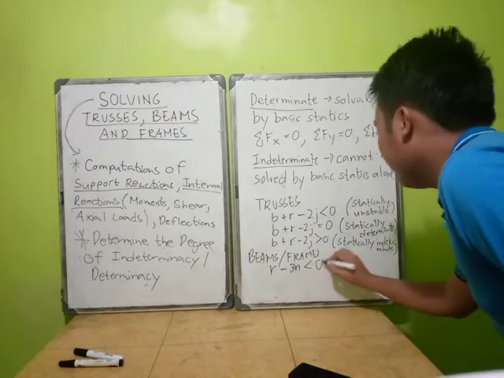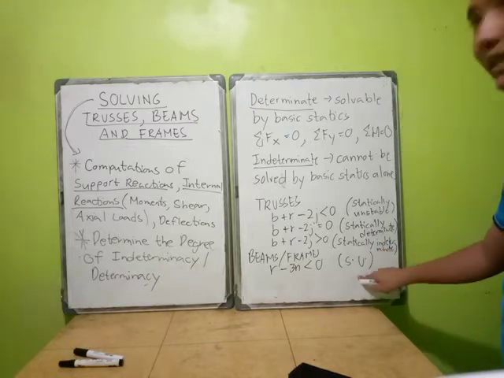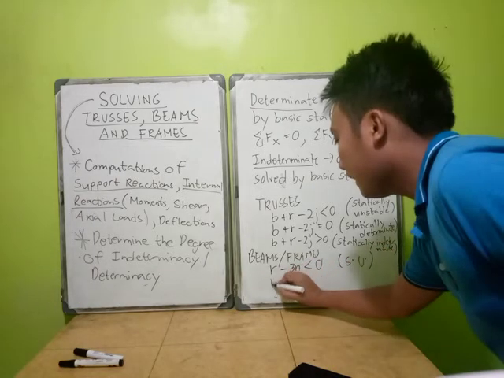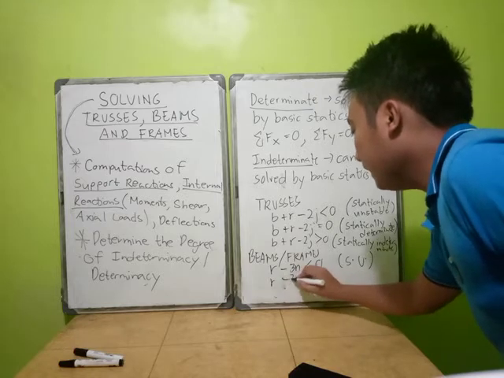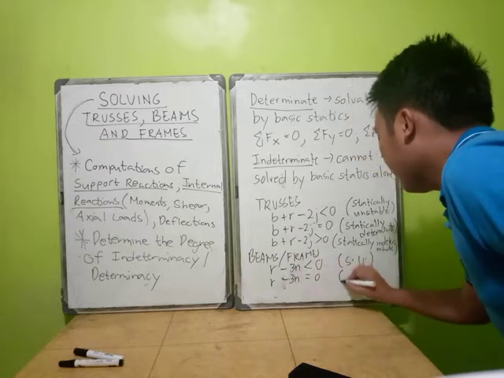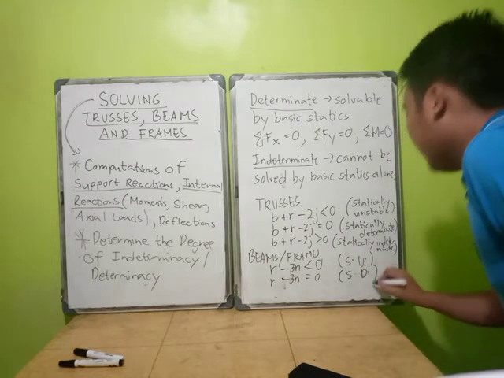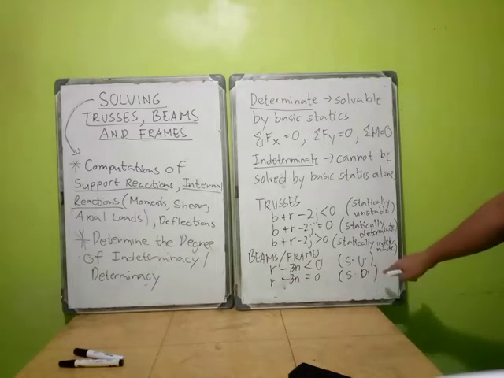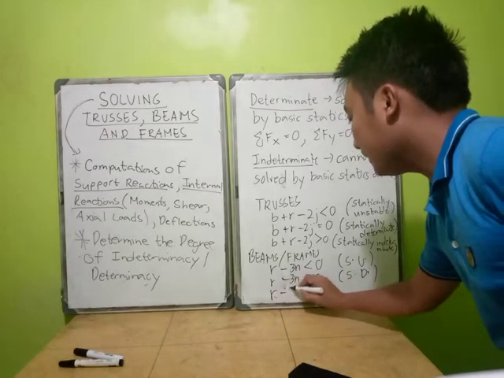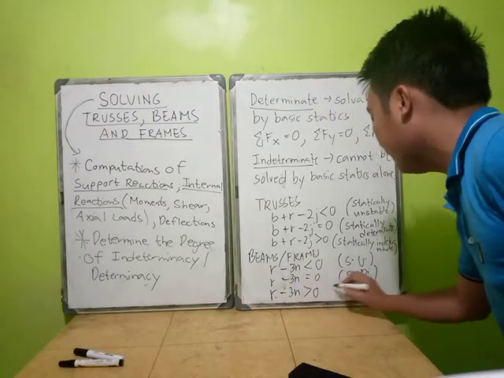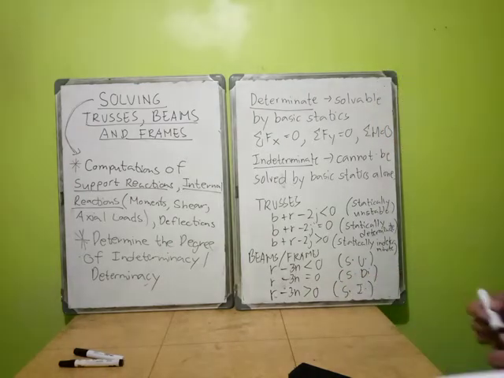Kapag less than 0, statically unstable siya. Okay? SU, statically unstable. Kapag R minus 3N is equal to 0, ibig sabihin, statically determinate siya. Okay? SD. Shinortcut ko lang, statically determinate. Kapag R minus 3N is greater than 0, ibig sabihin, statically indeterminate siya.